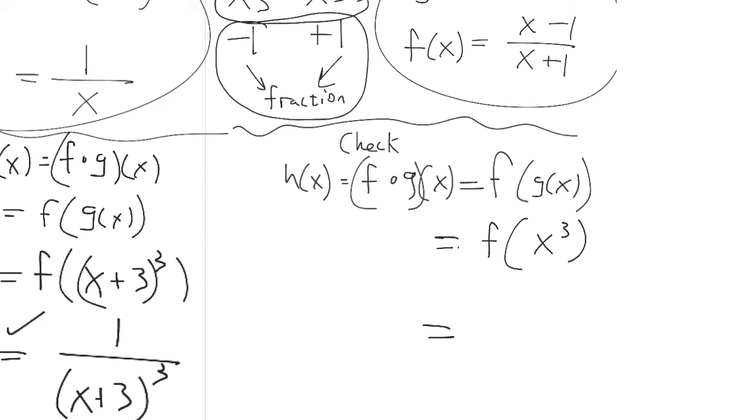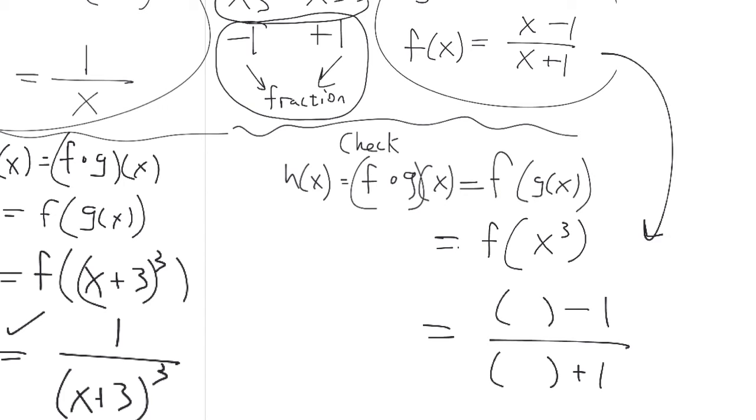That would have to equal whatever the input is minus 1, over whatever the input is plus 1. I'm getting that from the definition of f of x. But the input is here, x cubed. So yes, that is in fact equal to h of x. Yay, the check works.